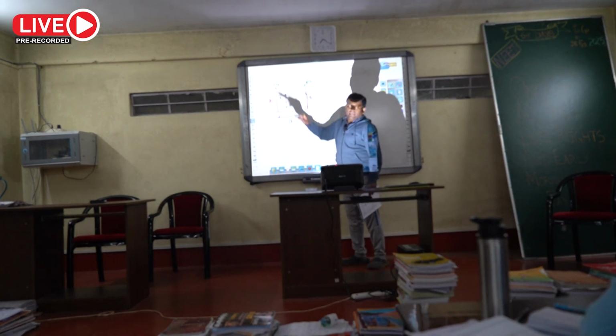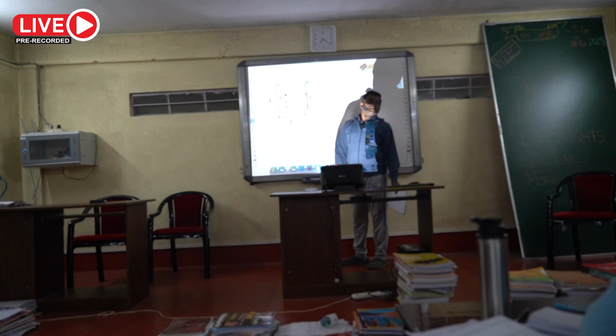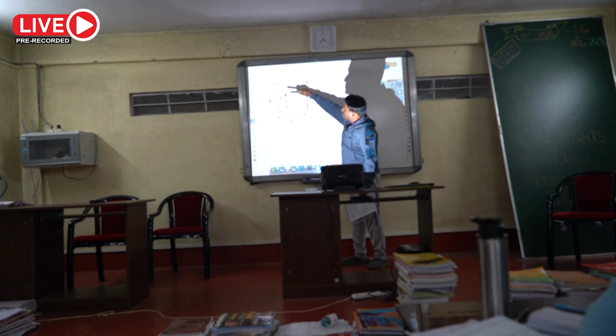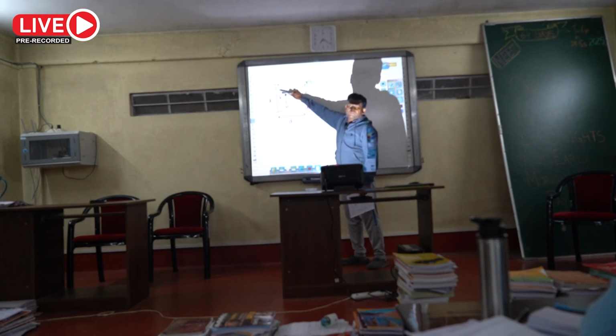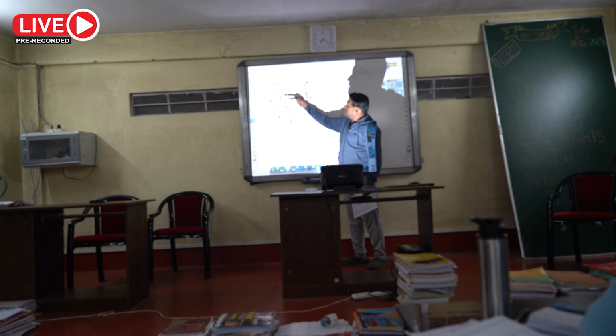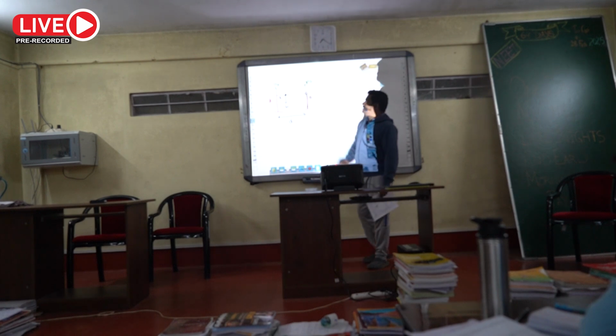Now see, NA will try to produce a clockwise moment, because if you fix this portion, then due to NA it will rotate like this, so it will produce a clockwise moment, and due to W it will produce an anti-clockwise moment.